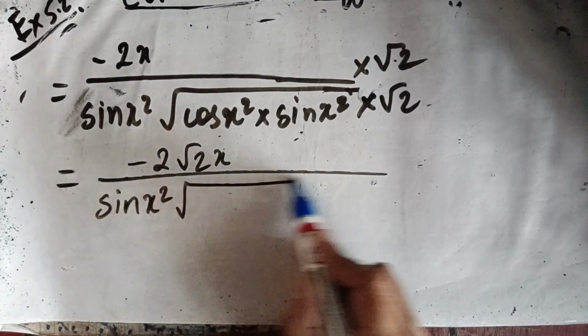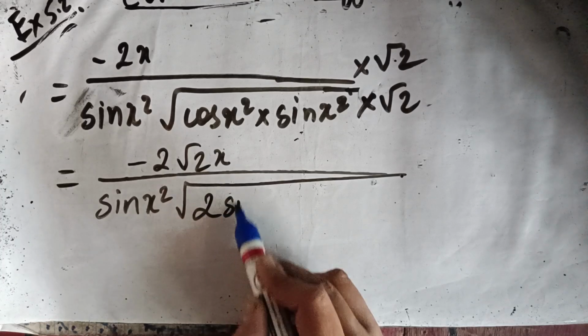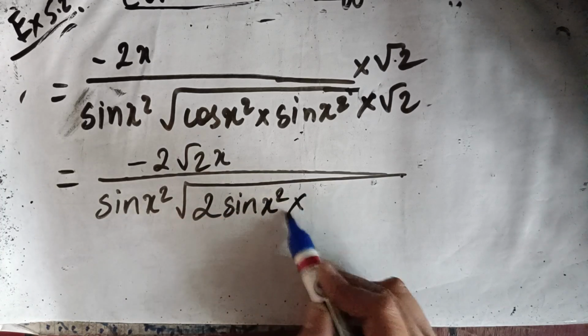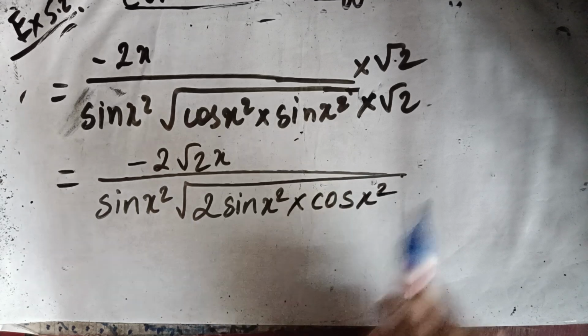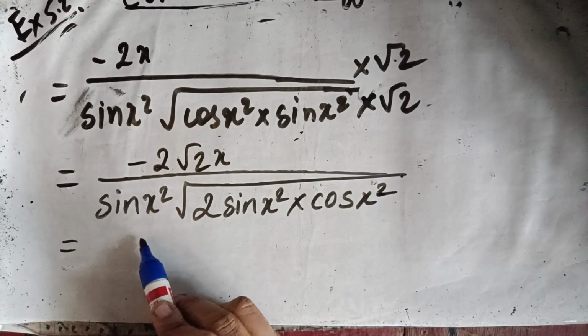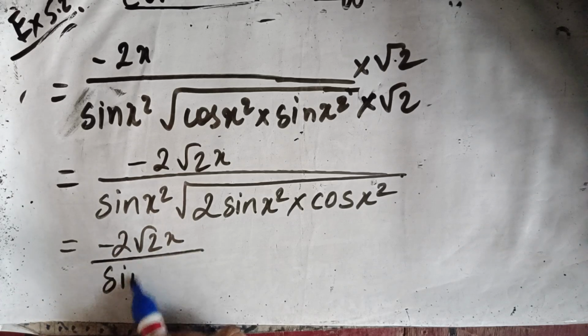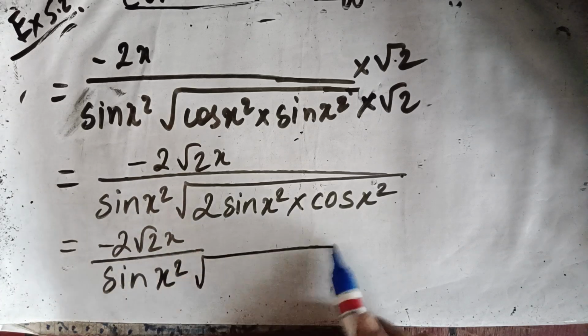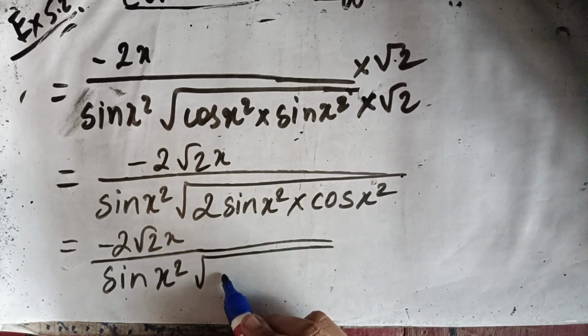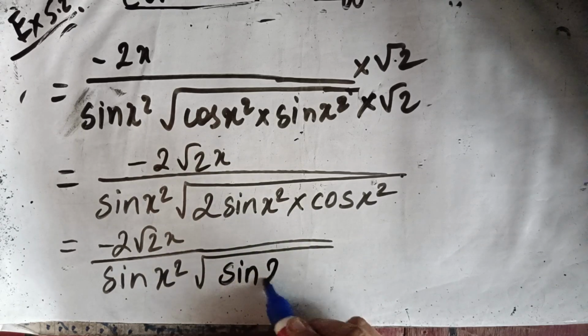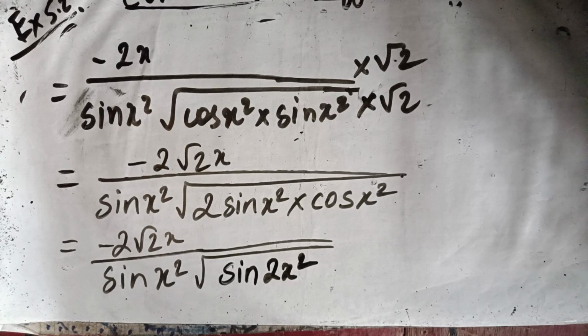So here it will be 2 sine x square into cos x square. So this is 2 sine x into cos x, which is sine 2x square.